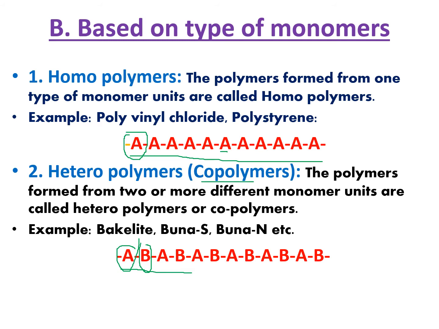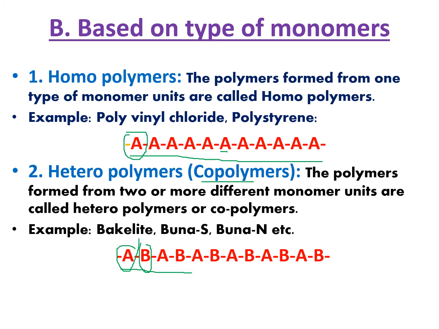For example, bakelite has phenol and formaldehyde, Buna-S has butadiene and styrene, Buna-N has butadiene and acrylonitrile. That means two monomers are present in all these examples. These are called copolymers or heteropolymers.